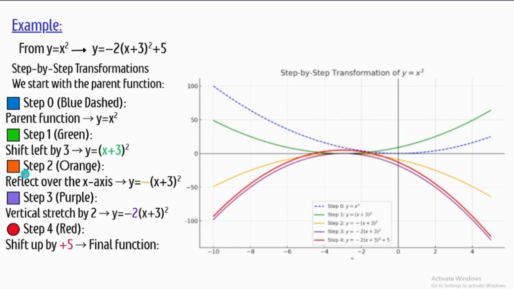Then the reflection, this is the orange one. Then we multiply by 2, which becomes a stretching or shrinking. Step 4, shift up 5.